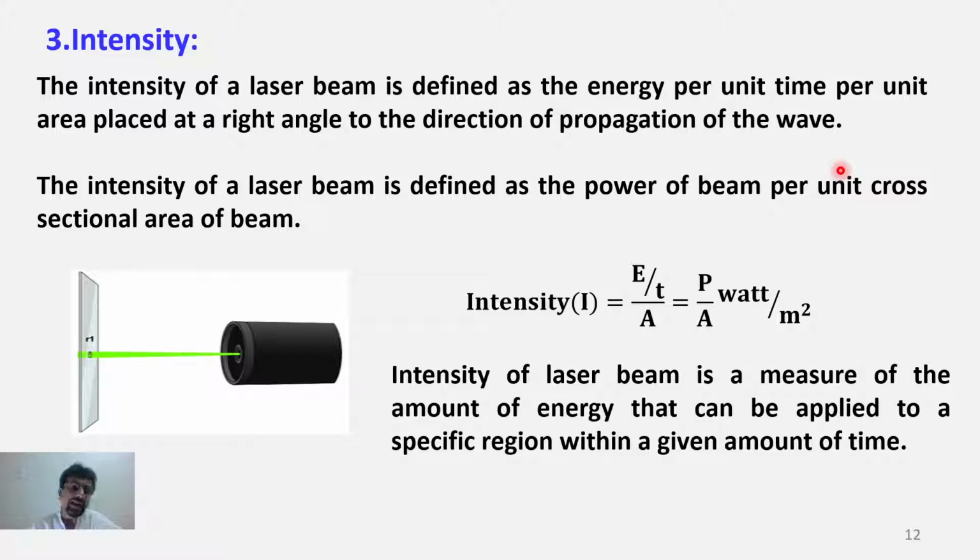The third characteristic of the laser beam is the intensity. The intensity of the laser beam is defined as the energy per unit time per unit area placed at right angles to the direction of propagation of the wave.